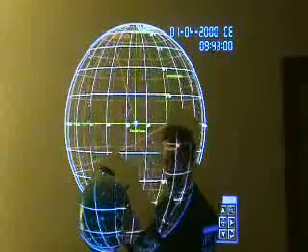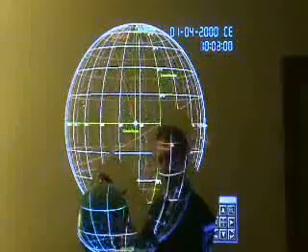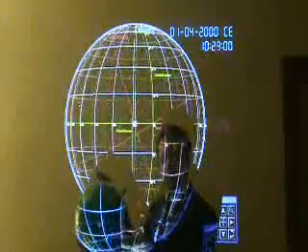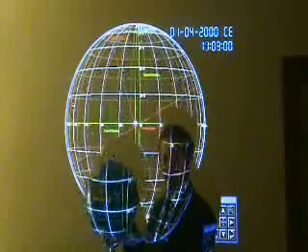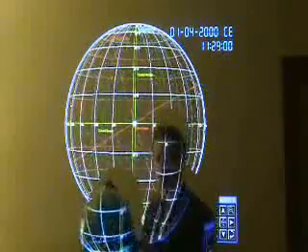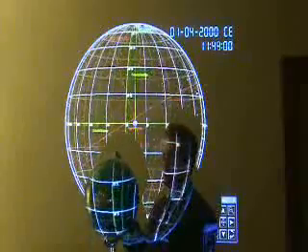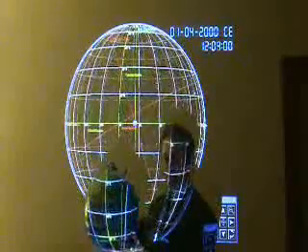Both are spheres, both have a radius, both have a period of rotation, but they are inclined to one another. So the axis of rotation in one instance is different to the axis of rotation in the other.